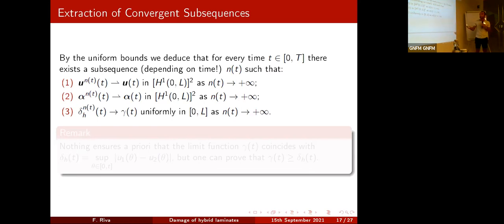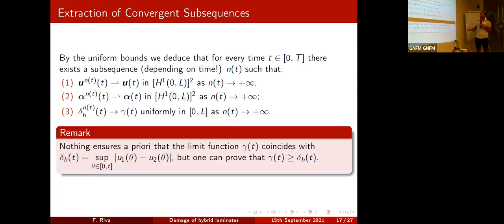The displacement converges weakly in H1, the damage is the same, and finally the history slip converges in a certain way to a function gamma, which a priori, since this is a compactness argument, is not related at all with the limit function u obtained in the first step.